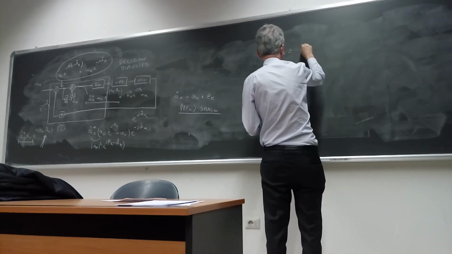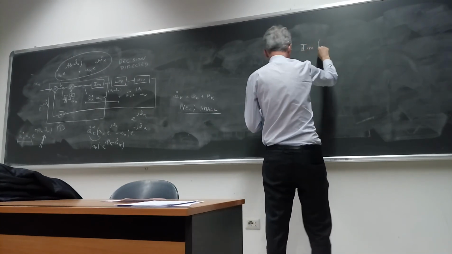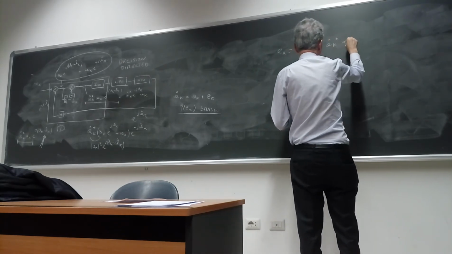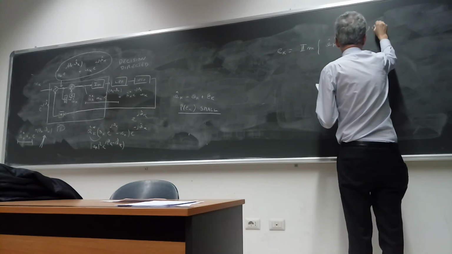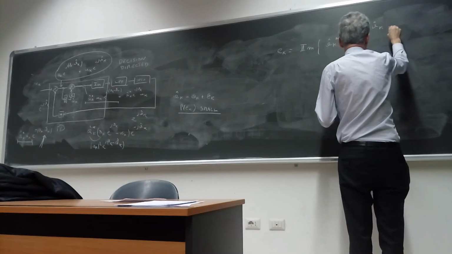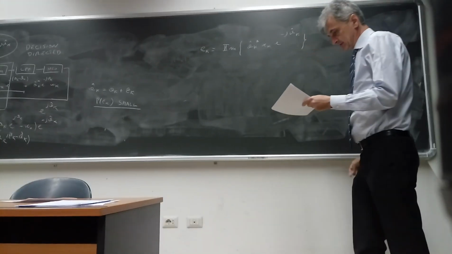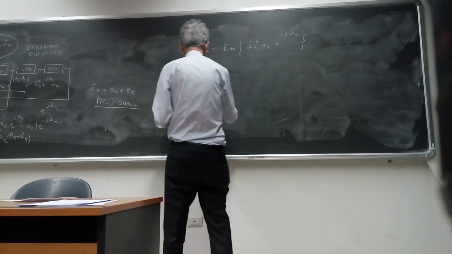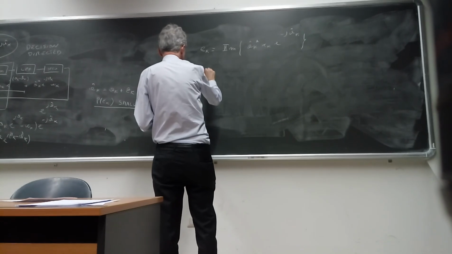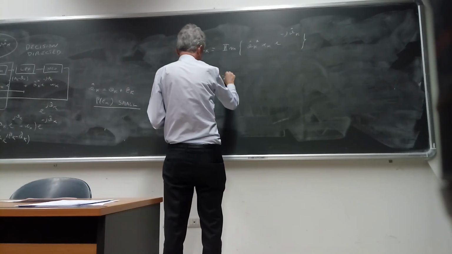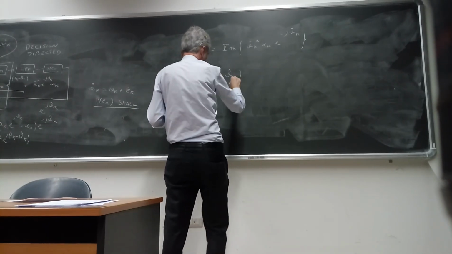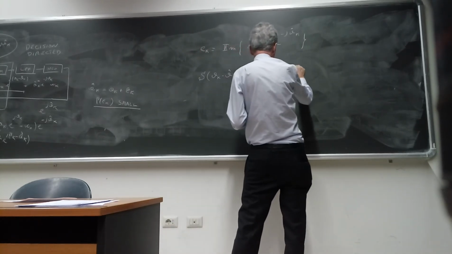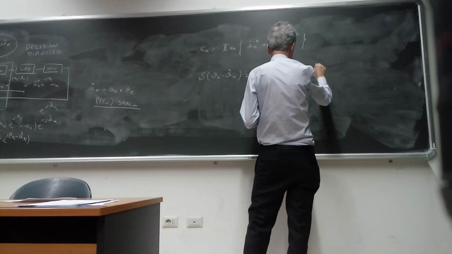Now we said that the error is the imaginary part of A by x by the complex exponential of the estimated phase. Now let's look at the expectation of the error given a certain phase difference.